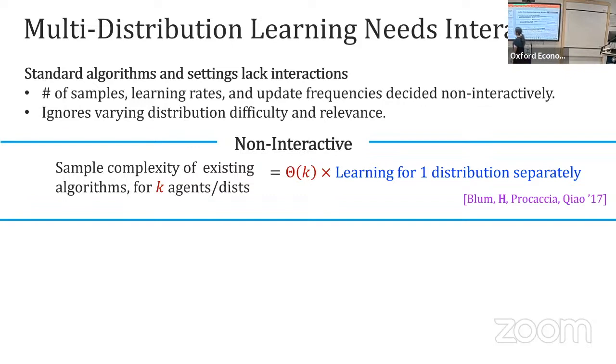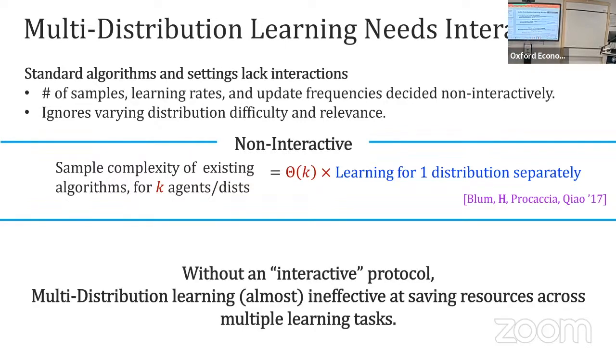And we can actually provably show that anything like running gradient descent longer, or anything non-interactive that doesn't care adaptively about the relative performance of two populations with respect to each other, is going to suffer a lot in sample complexity or in the error performance it can provide. How much?